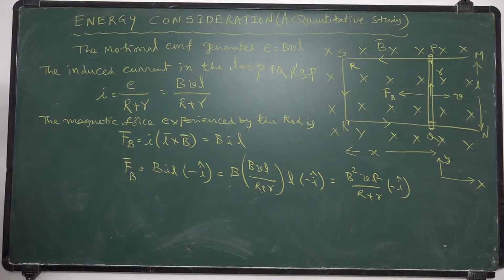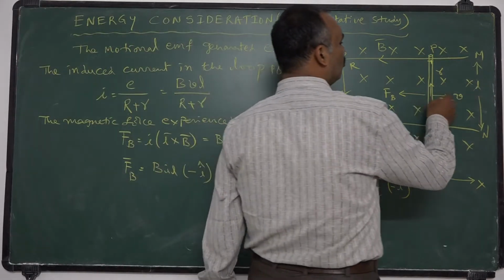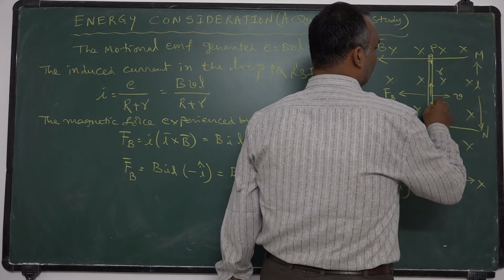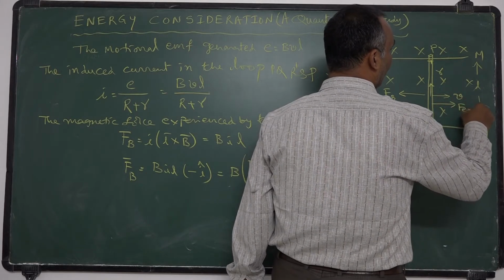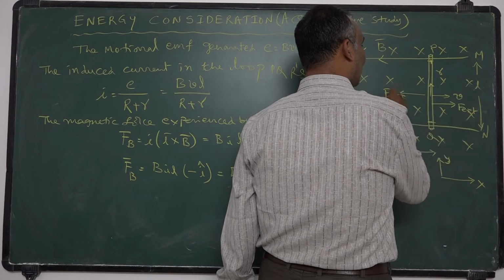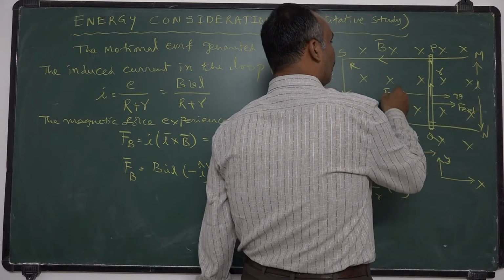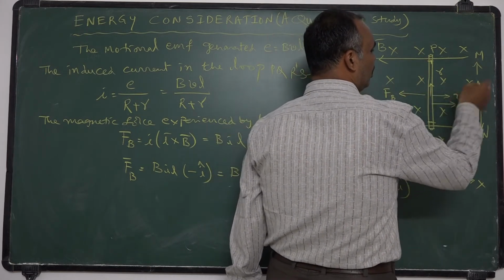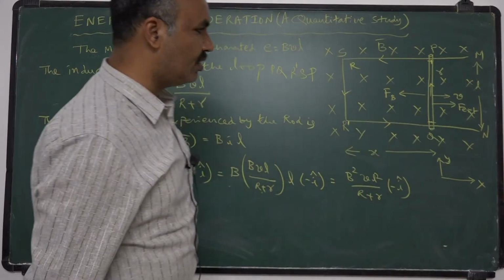So in order to make this rod move with constant speed, some external force must be applied. If the external force is exactly equal to the magnetic force here, then the rod will move with constant velocity.